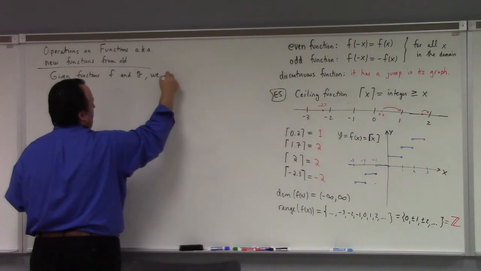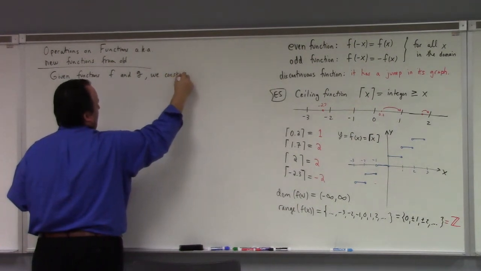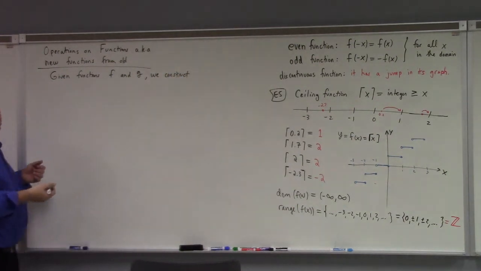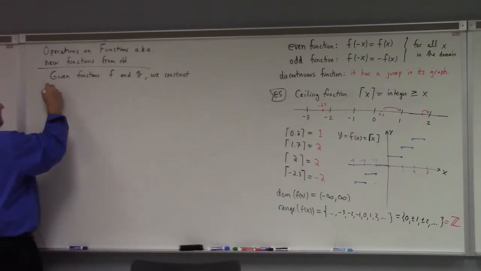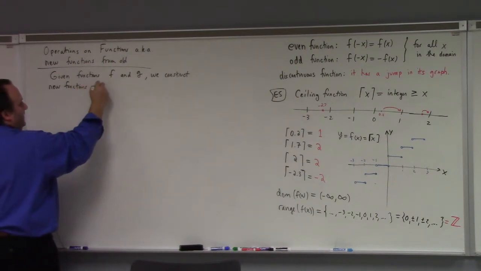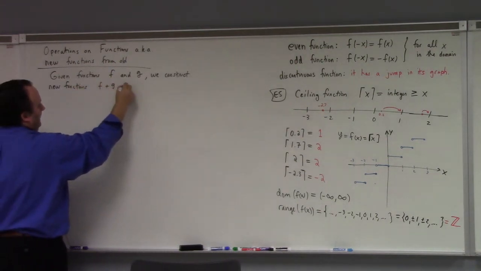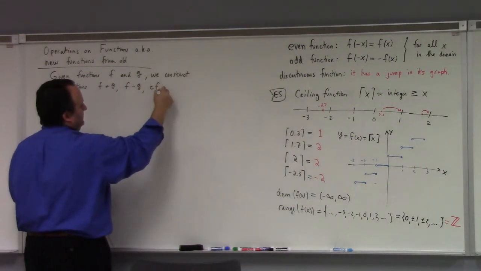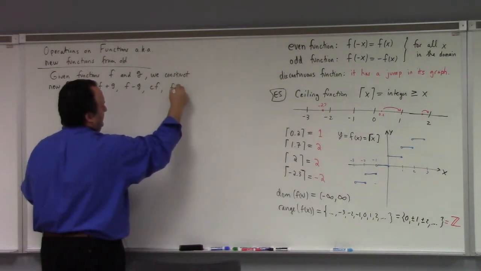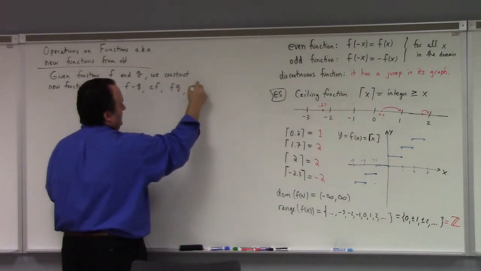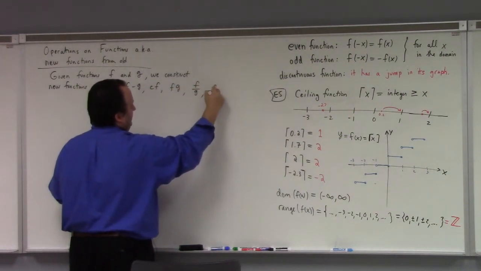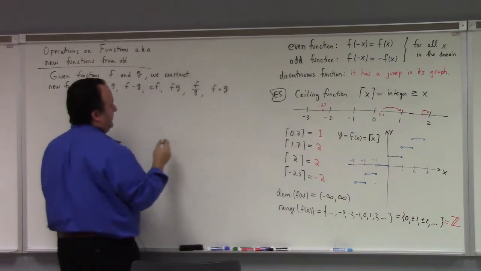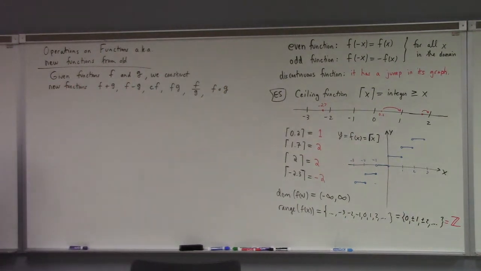We construct, create, build, whatever you want to say, define, new functions: f plus g, f minus g, a constant times a function, a product of two functions, f times g, a quotient of two functions, f over g, and finally the composite of two functions, f composed with g. These are all new functions we can build from a pair of given functions.